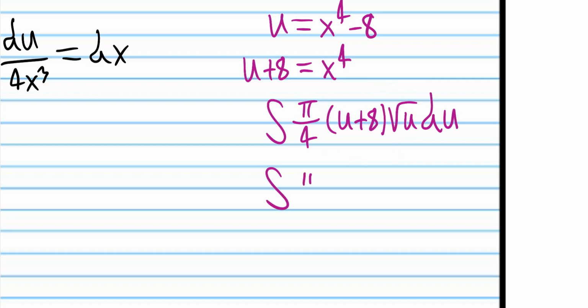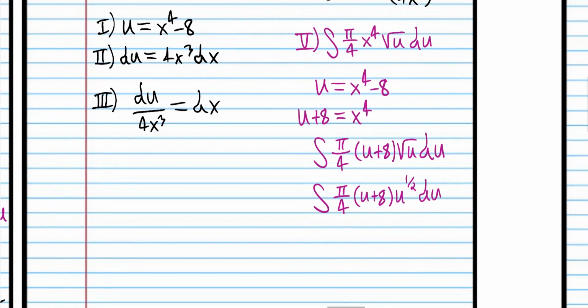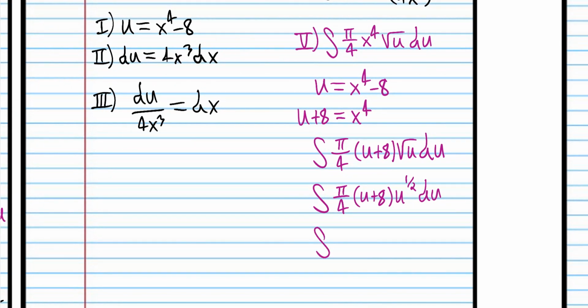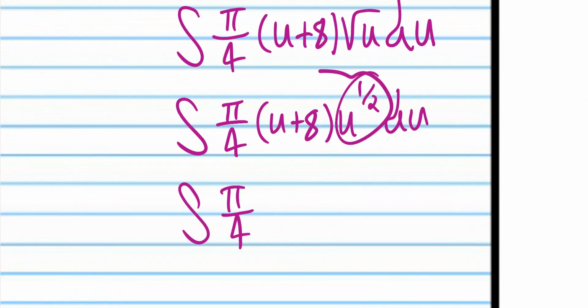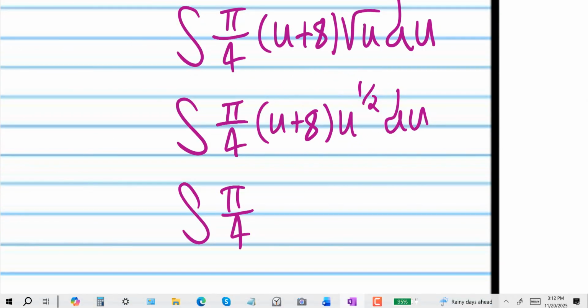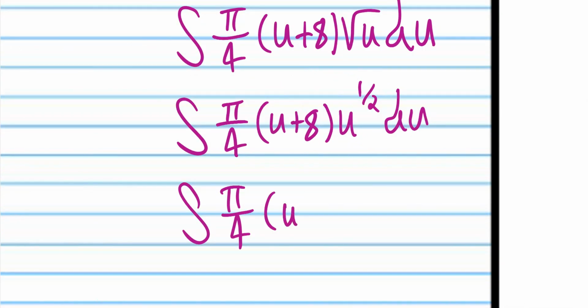Remember, square root u is the same thing as u to the 1/2 power, and we can use distribution. U to the 1/2 times u is u to the 3/2, and u to the 1/2 times 8 is 8u to the 1/2.